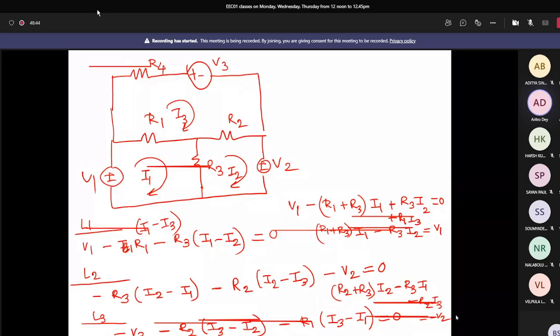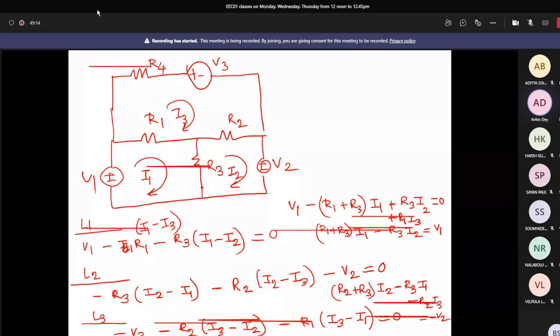And the third one. Sir, one thing is missing in the third one. R4, sir. I3 into R4 must be there in loop 3. Right. So starting from minus V3, R2 into I3 minus I2, R1 into I3 minus I1, then minus R4 I3.